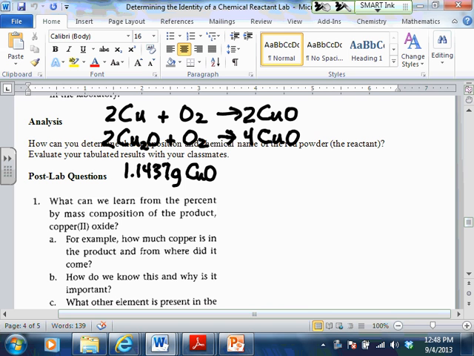Can we kind of work backwards and figure out how much copper is in that compound? Do you know how to do that? So let's go from grams of copper oxide to moles of copper oxide. And that's going to be, I don't know where my big calculator is. This thing's tiny.